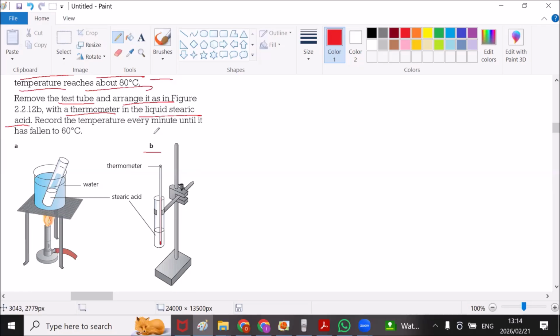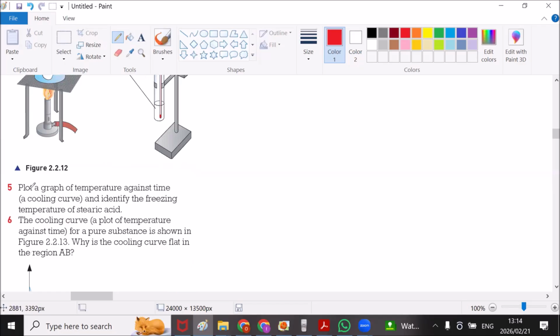Record the temperature every minute until it has fallen to 60 degrees Celsius. Plot a graph of temperature against time, which is a cooling curve, and identify the freezing temperature of stearic acid.